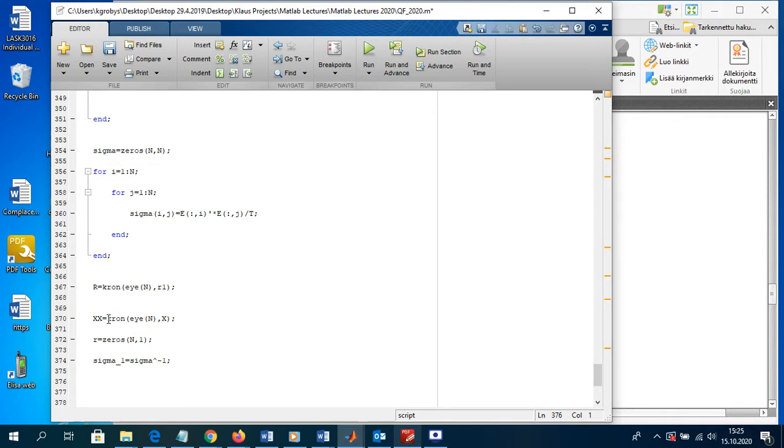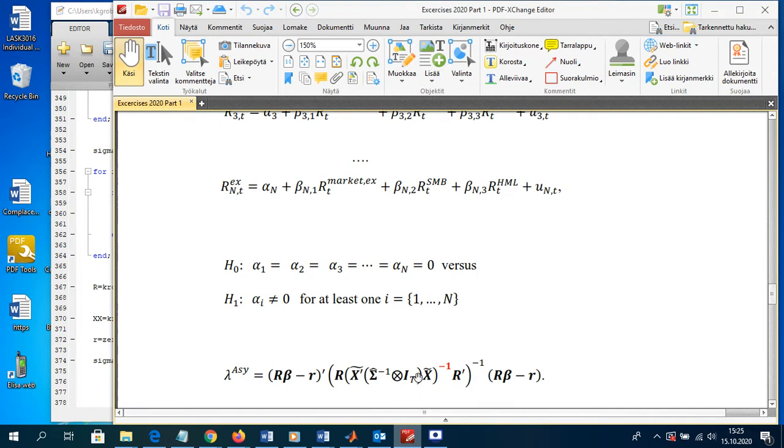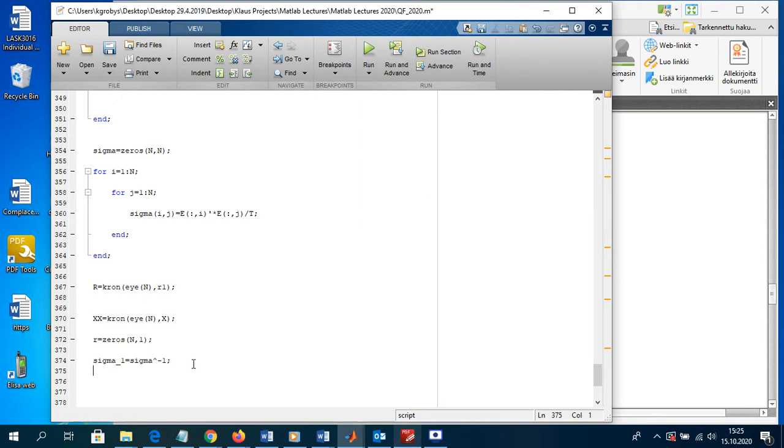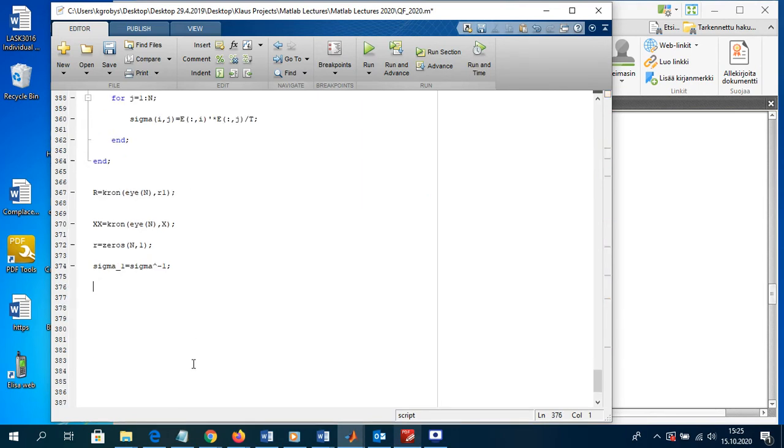So next, now we have our inverse here. Now we define this inner expression here: the sigma hat inverted Kronecker product identity matrix of dimension t, which is in the middle of the test statistic.